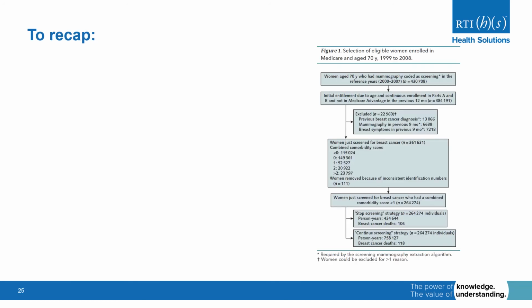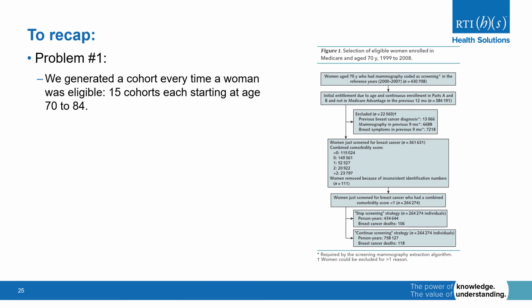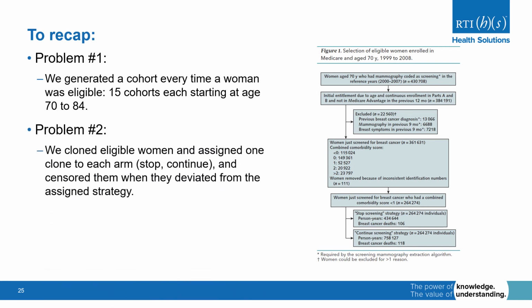Okay, so to recap, we have three problems. First, a woman can be eligible multiple times. To solve that, we created a cohort every time a woman can be eligible. So we ended up creating 15 cohorts, one for each age of our age group, from 70 to 84.